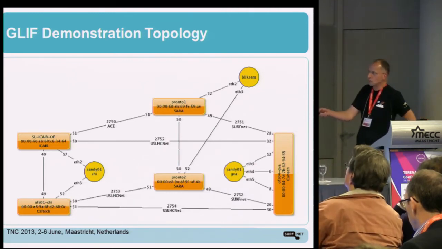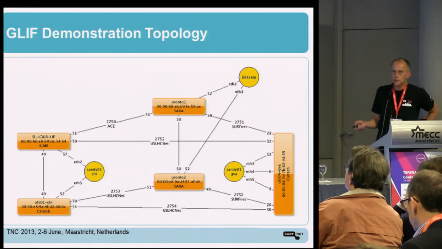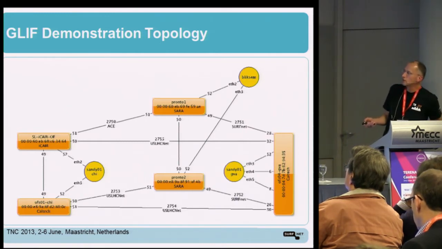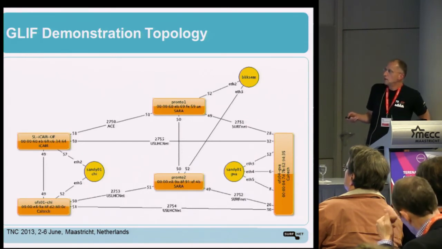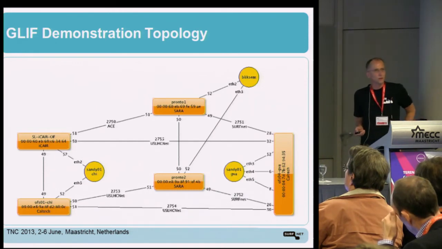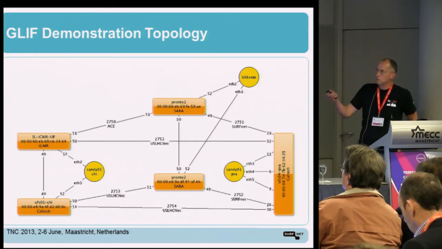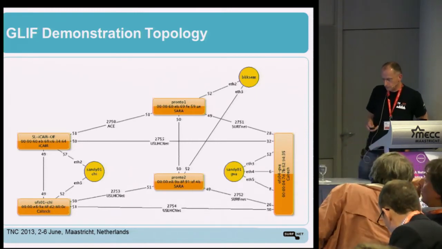There was also an OpenFlow switch in Geneva at CERN, where one of the Caltech POPs is. And all these OpenFlow switches were controlled by a controller application, and multiple paths were configured through this topology.